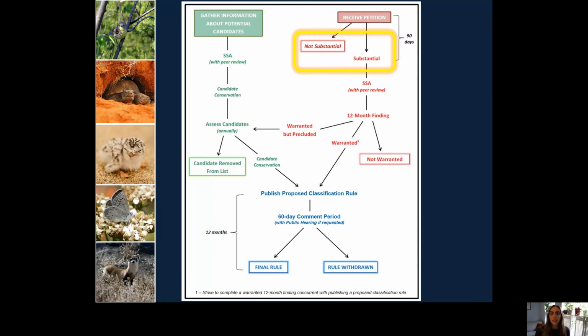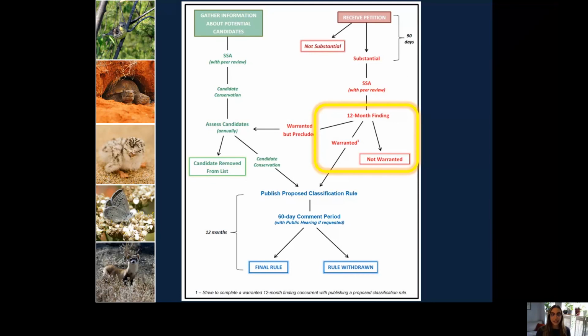First, we make an initial finding on whether the petition presents substantial information indicating the species may be warranted for listing. If the petition does provide substantial information and we make a positive initial finding, we then complete a species status assessment as part of a more in-depth evaluation of the species.